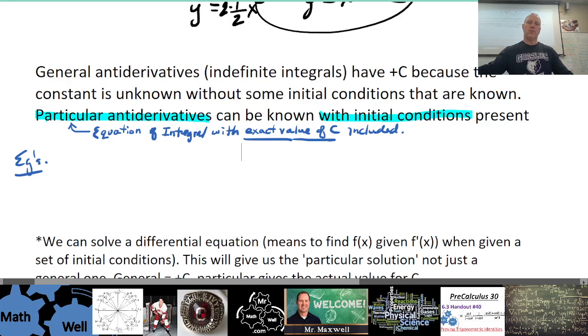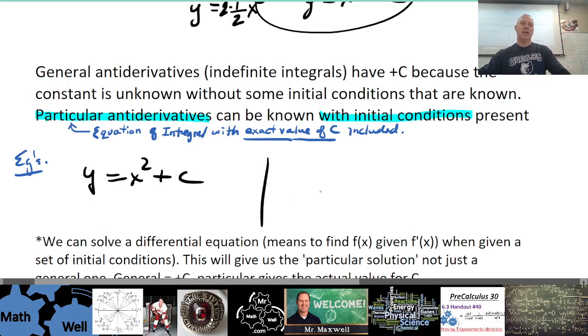All right. So, for example, if we have something like y equals x squared plus c, but instead I know that initially we had x equals 0 and we had y equals 5. Okay, so that would mean that if x was 0 and y was 5, I could simply put in 5 equals 0 squared plus c, and then my c would come out to be 5, you see?